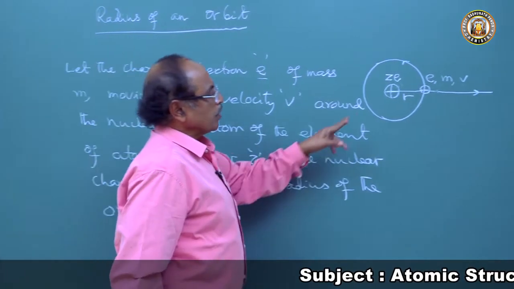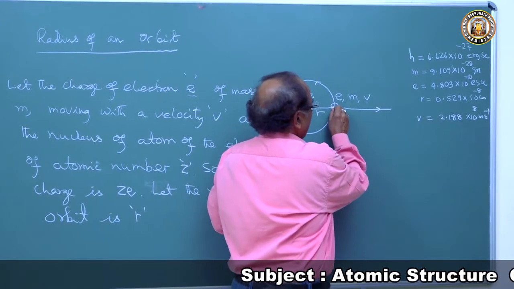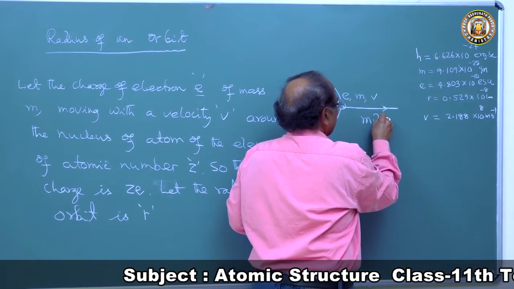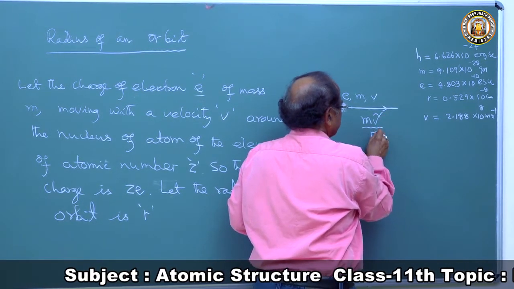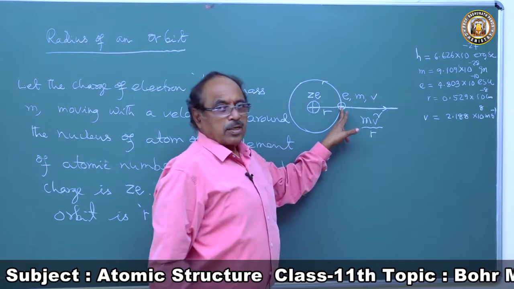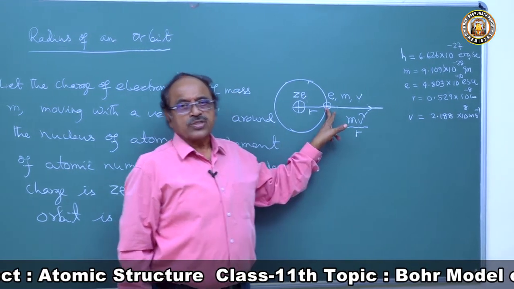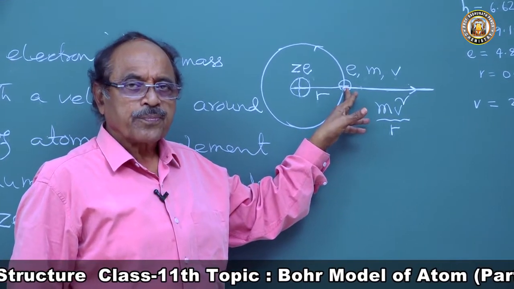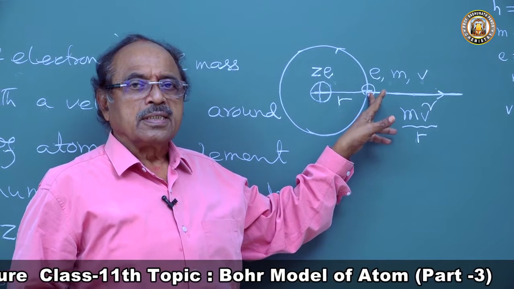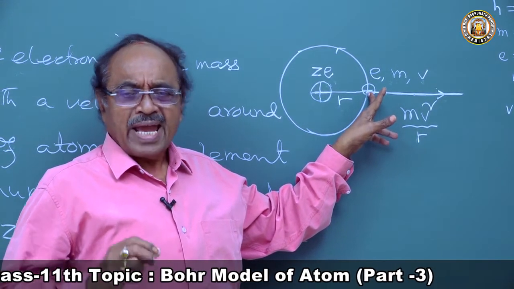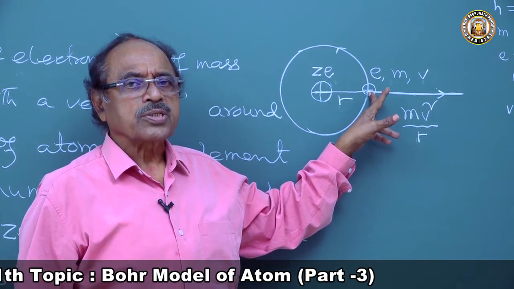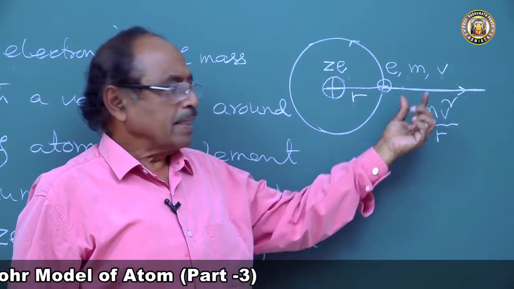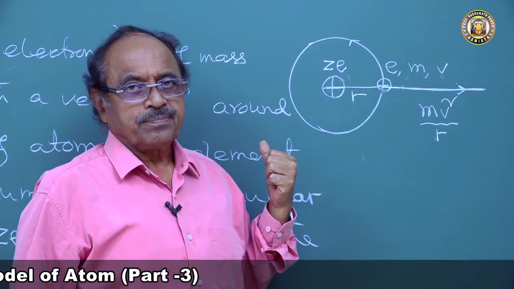So since the radius of the orbit is r, the outward centrifugal force of the electron will be mv square by r. According to the circular motion, the centrifugal force means the force with which the electron has a tendency to go out, and that is equal to mv square by r.